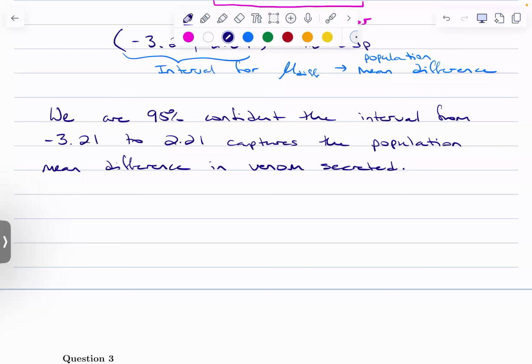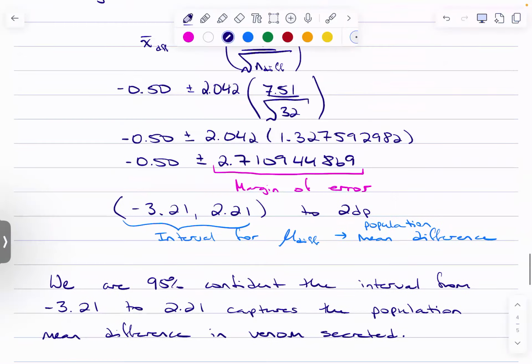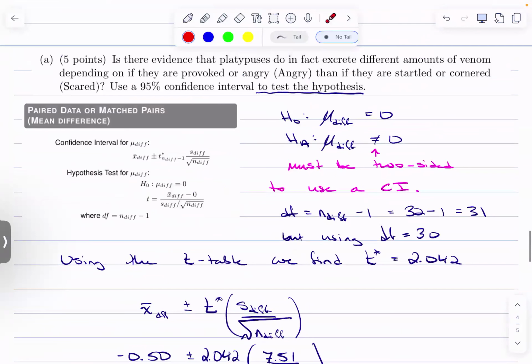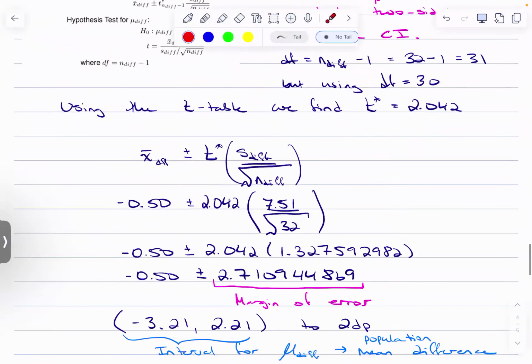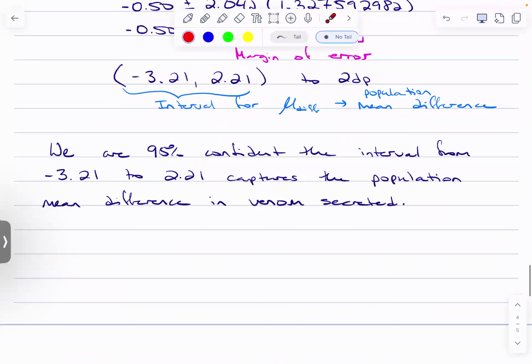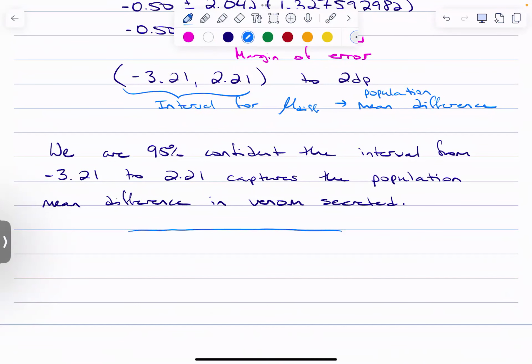So how can we use this to test our hypothesis? Going back to our null hypothesis, the difference is basically 0. When we look at this interval, you can even draw it on a number line, negative 3.21 to 2.21.